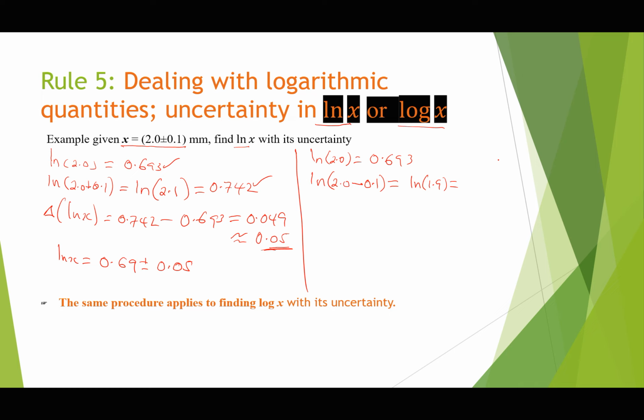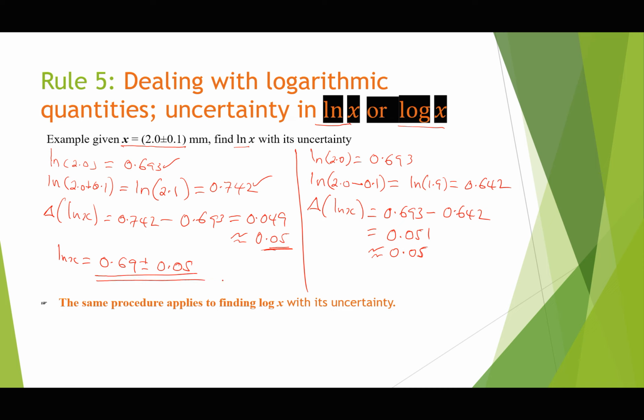And when you press your calculator to find the ln, it is 0.642 to three significant figures. So the absolute uncertainty in ln of x is going to be the difference, this time 0.693 minus 0.642. When you subtract, this gives me 0.051. And when you write one significant figure, it is approximately 0.05 as before. So still, you notice that ln of x will be the same.